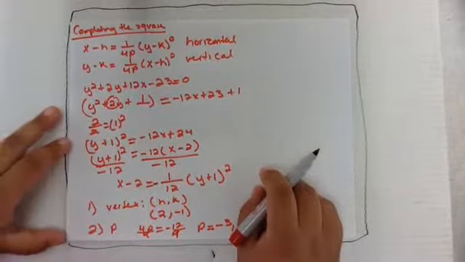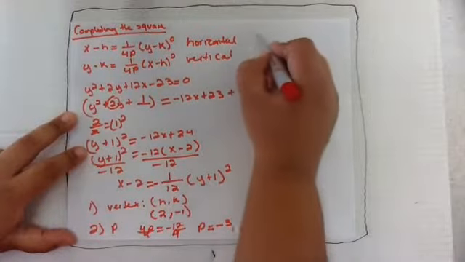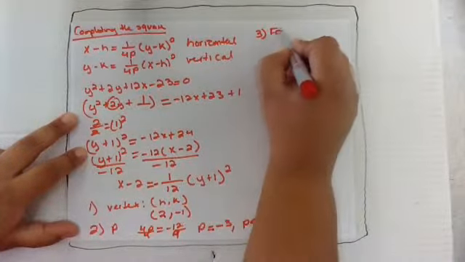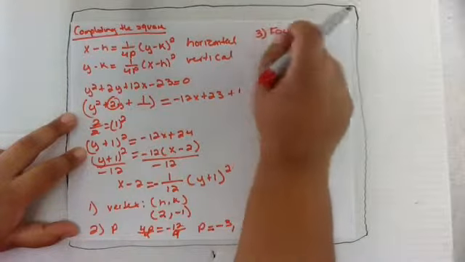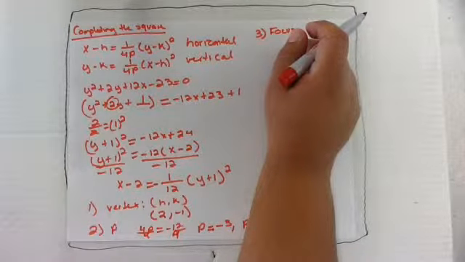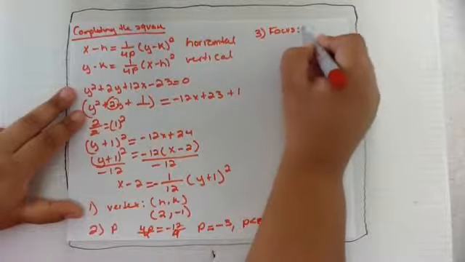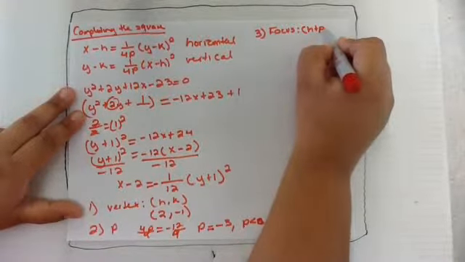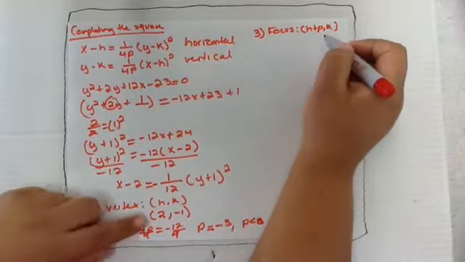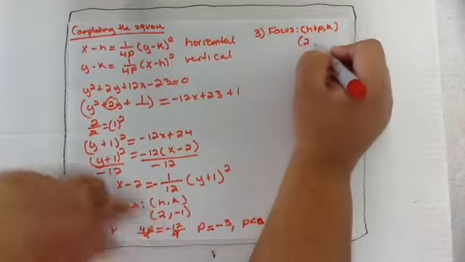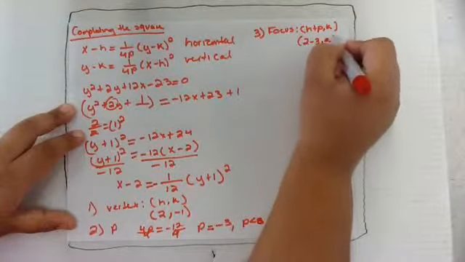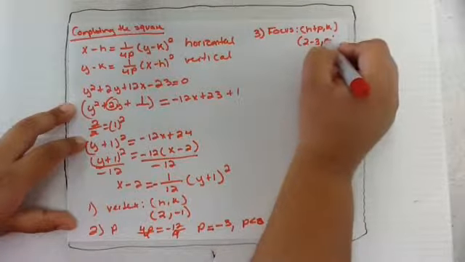Now we can find the focus. Since it's a horizontal parabola, the movement is happening on the x axis. So the focus will be at h plus p and k. Our h is 2, and our p was negative 3, and k was negative 1.